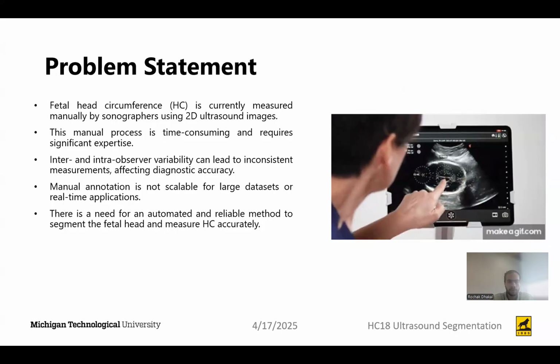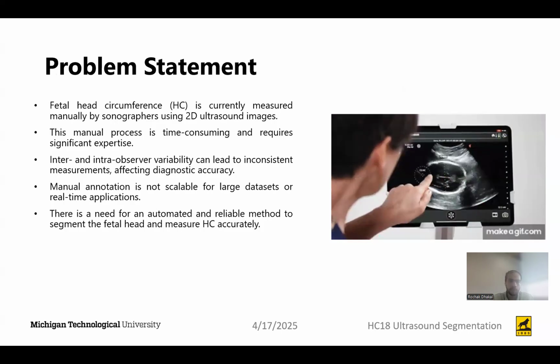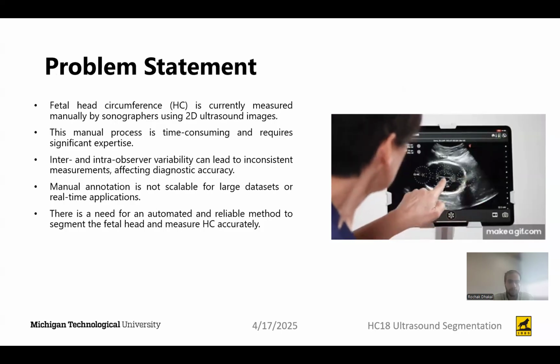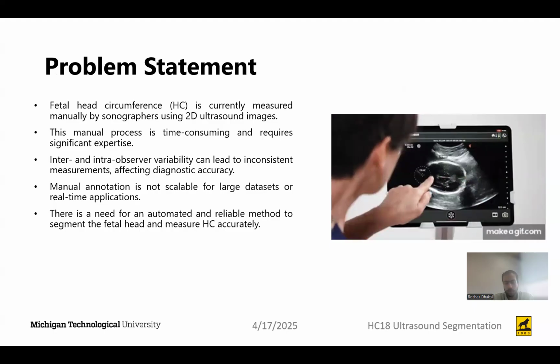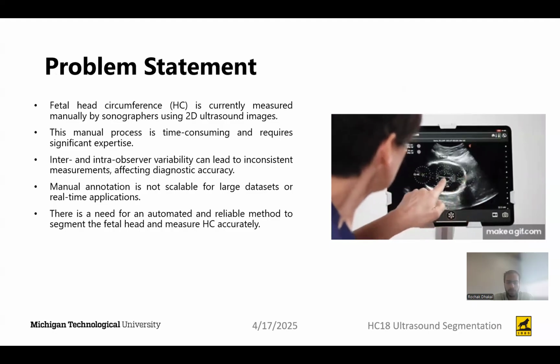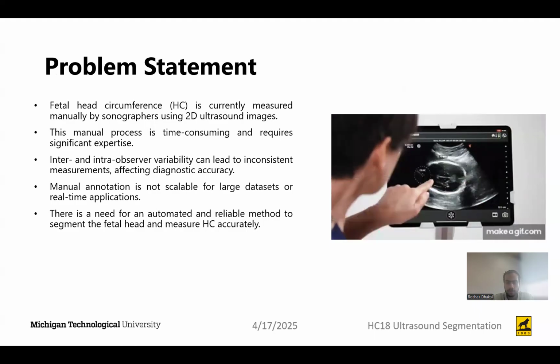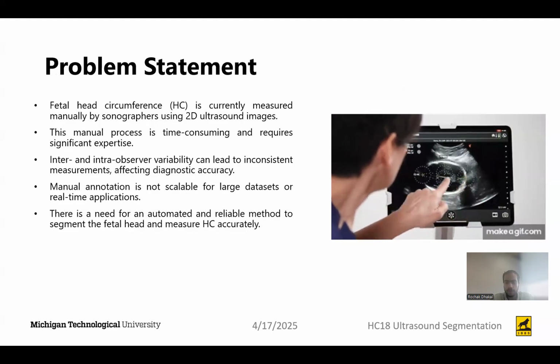To talk about the problem statement, head circumference is currently measured by sonographers manually using the 2D ultrasound image. They freeze a section of the ultrasound image and then measure it. On the right as well, you can see how this is getting measured. So this is a manual process. It is time consuming and also requires significant expertise.